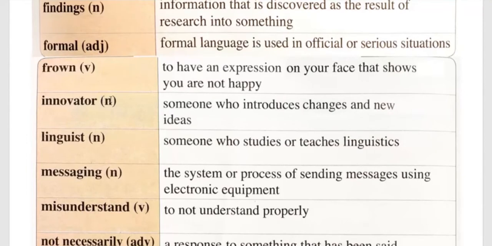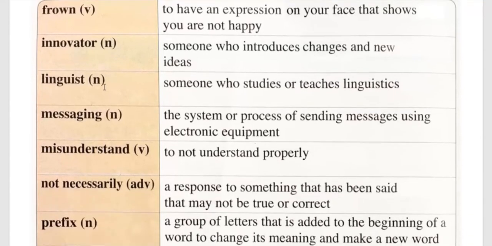Innovator, someone who introduces changes and new ideas, as well as William Shakespeare. He was a great linguistic innovator. Linguist, okay, someone who studies or teaches linguistics. We have linguistics, the science of studying language. Messaging, the system or process of sending messages using electronic equipment.